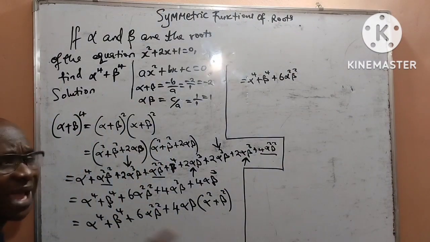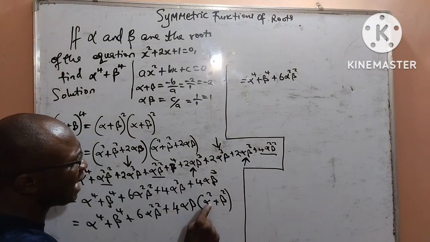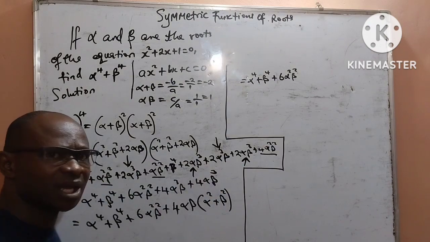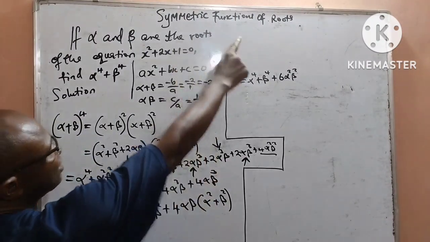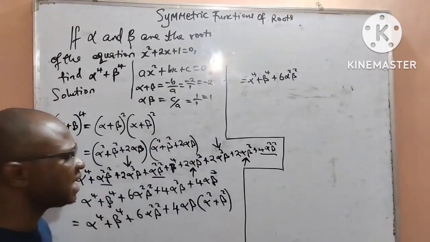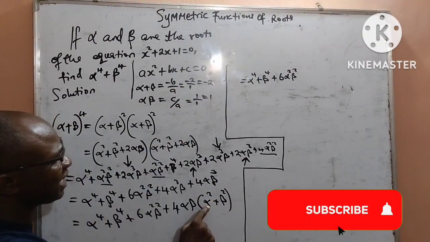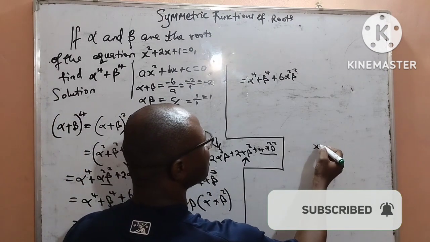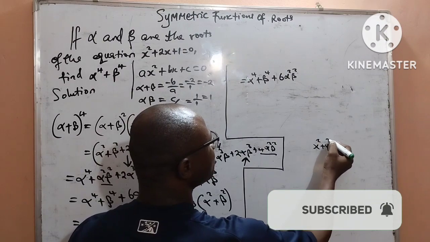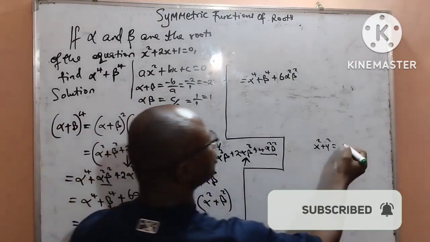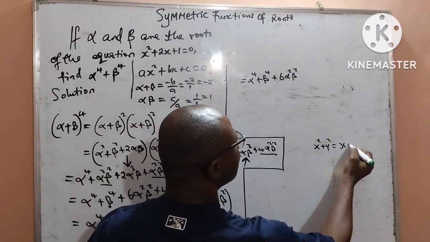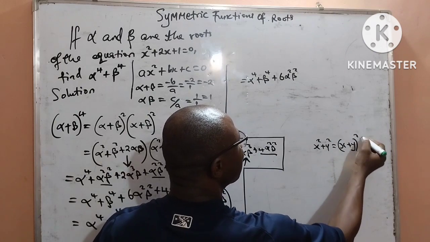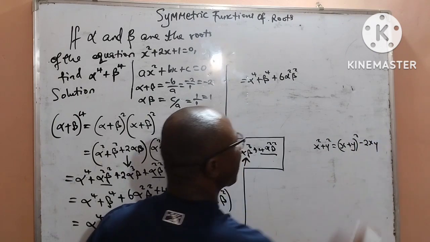Now looking at this place, I want to expand the alpha squared plus beta squared. In my first video under symmetric functions, I explained in detail how you can expand alpha squared plus beta squared. That is, if I have x squared plus y squared, by expansion it is going to be x plus y squared minus 2xy.